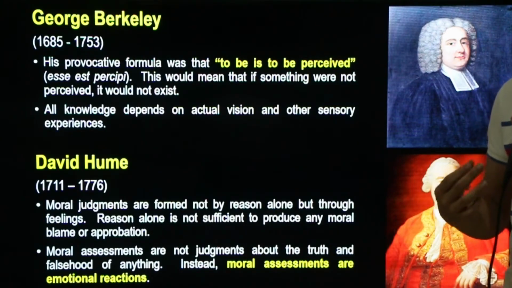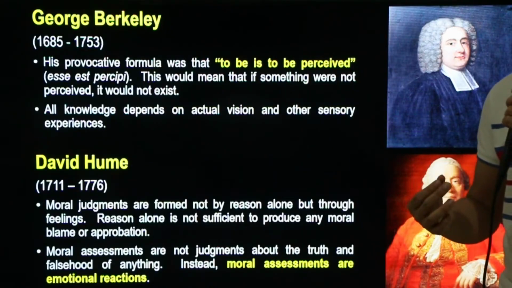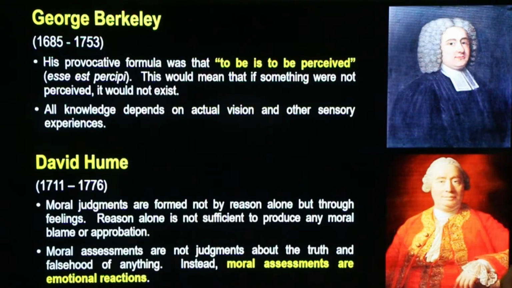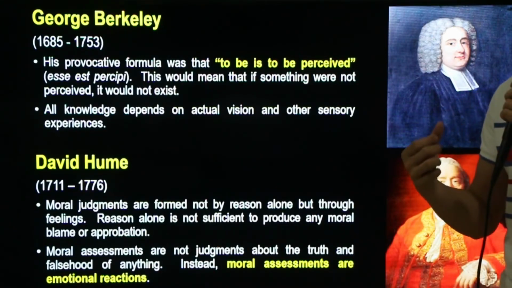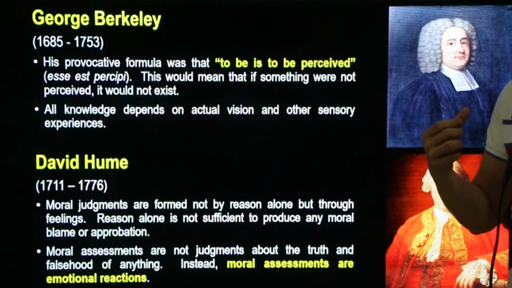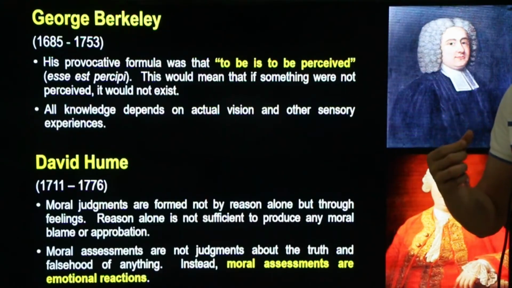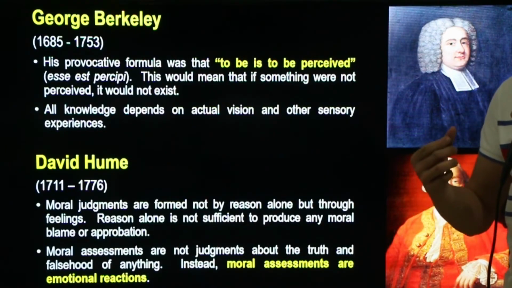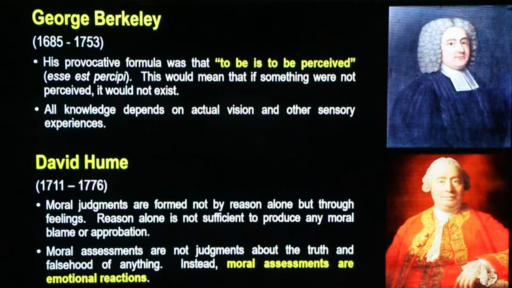And so, we believe that abortion is immoral because we feel pity for the life that we are ending. And so that judgment that abortion is immoral, for David Hume, is not purely a product of reason, but also an interplay of emotion.